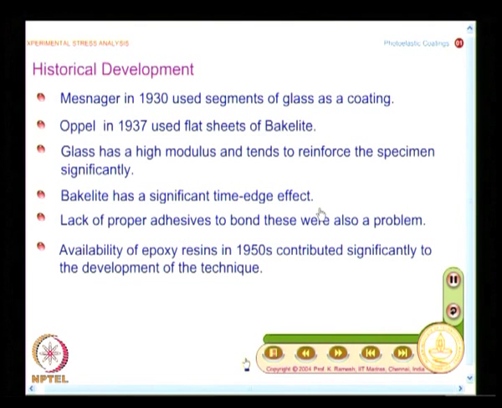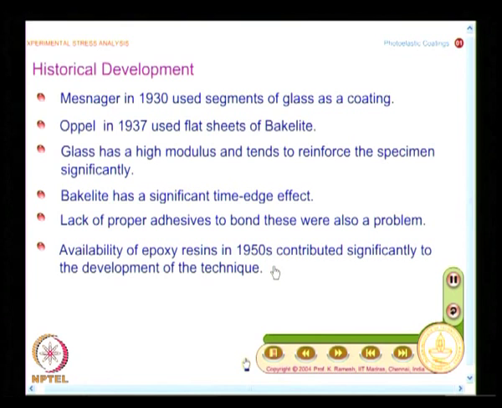And I said any development in science or engineering was always tagged on to developments in material science. So, the availability of epoxy resins in the 1950s contributed significantly to the development of the technique. It is material research which has helped the advancement of photoelastic coatings.